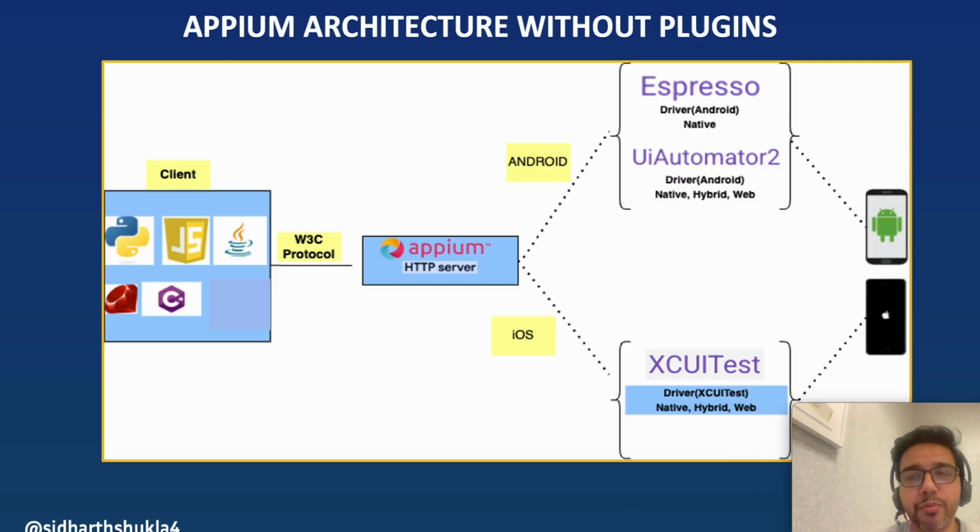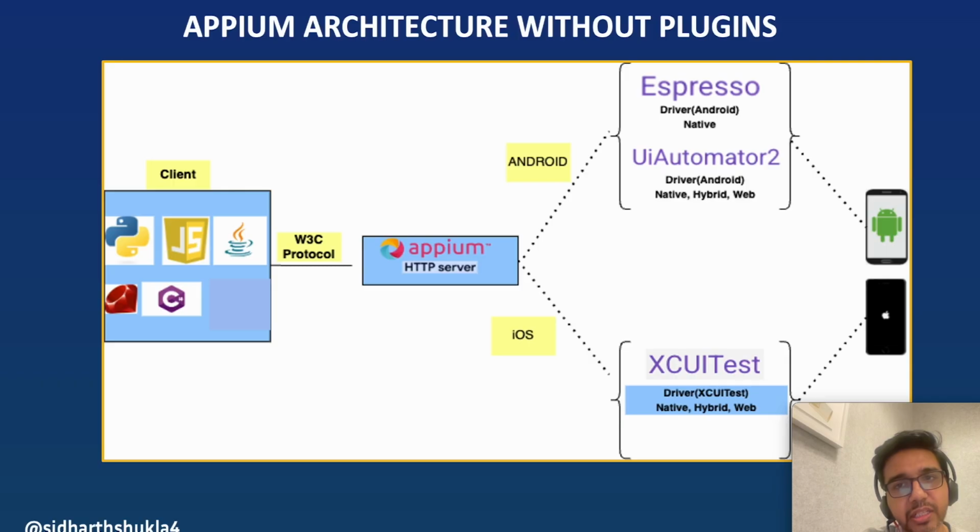So the first one that we are going to understand is Appium architecture without plugins. Okay. So now, as we have already discussed with the food app, our client libraries will place the order, right? And they will forward it to the Appium server. Now Appium server will then redirect your request to the respective platform, right? For Android, it will redirect it to Android drivers like your UI Automator, Espresso, right? And here, you can pay a little bit of attention over here that Espresso is kind of native one.